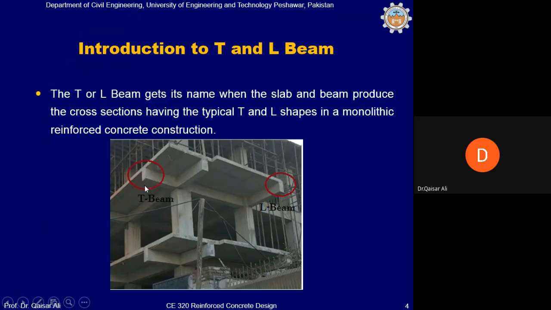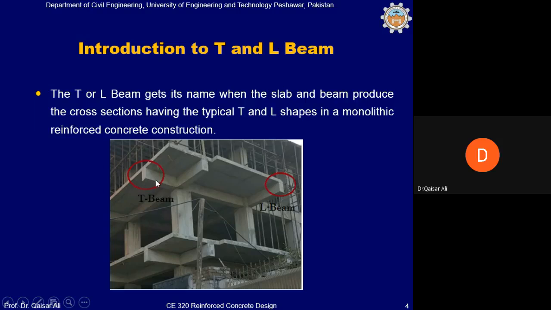So when concrete is poured in this shape of the formwork, after the formwork is removed, the shape of the section of the T beam will look like this, and the shape of the L beam will look like an English letter L and English letter T.